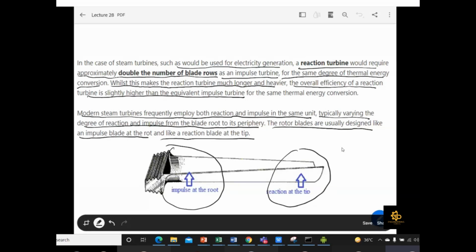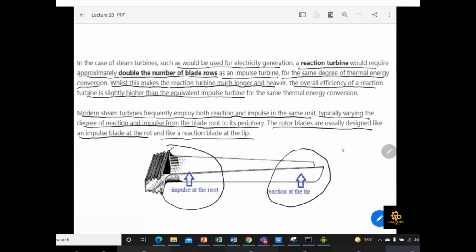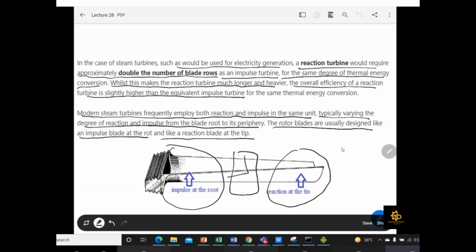For example, if you are doing some research and you find that in this arrangement we didn't get the maximum efficiency, but if we take this middle portion out and replace it with some V-shaped blade, it will give the maximum efficiency, then you can use this type of arrangement in the modern steam turbine. So there is no hard and fast rule for using an impulse blade at the root or a reaction blade at the tip. You can use any configuration where we get the optimal value, or the maximum efficiency of your turbine.